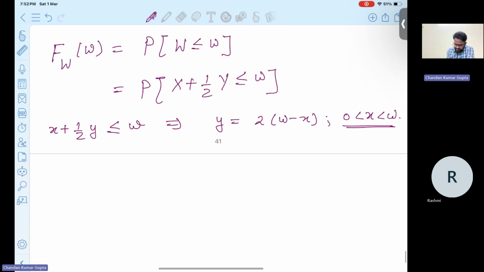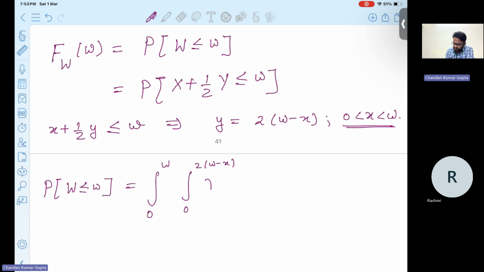Now let's start with the probability that W is less than or equal to w. Suppose we have taken y from 0 to twice of (w minus x), and x from 0 to w.